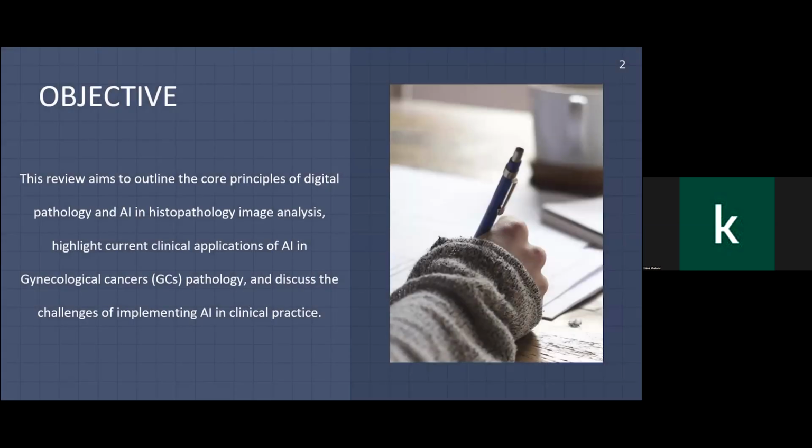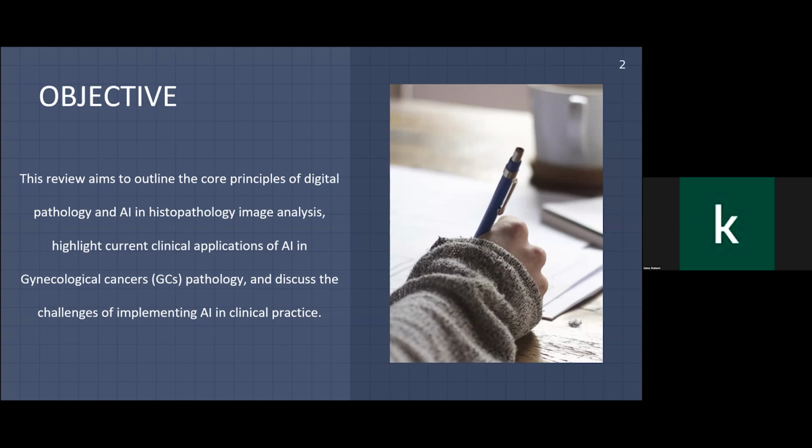Thank you. So the objective of this study was to review the outline of core principles of digital pathology and AI in histopathology image analysis. I'm going to talk about it a little more if you don't have a lot of background about the image analysis and different AI algorithms which are now being used for the analysis of images of the digitalized slides.